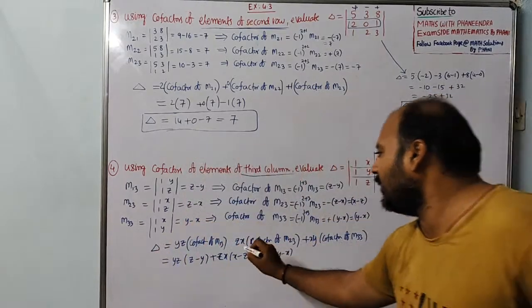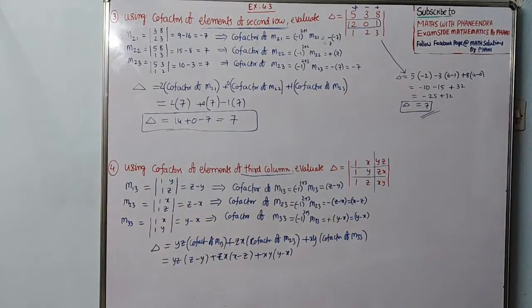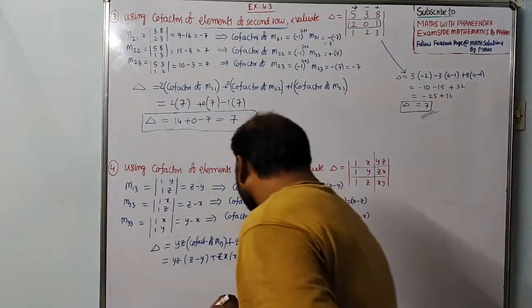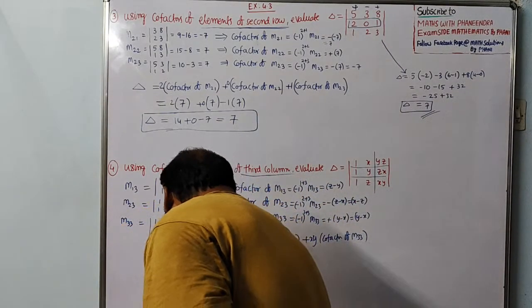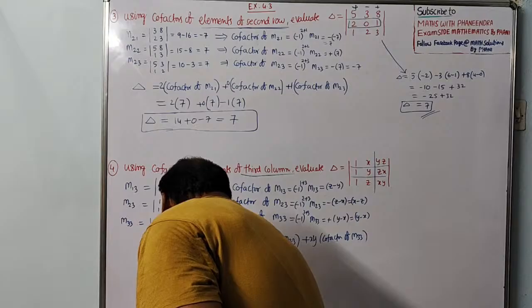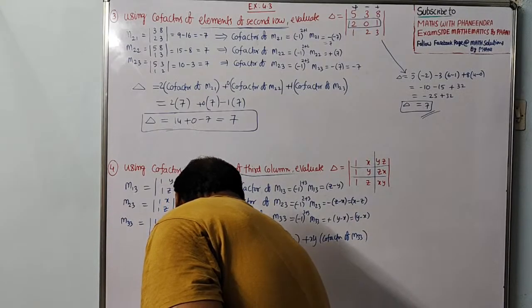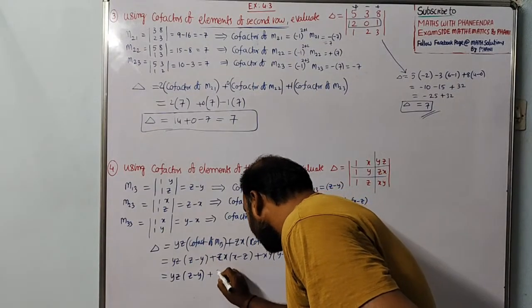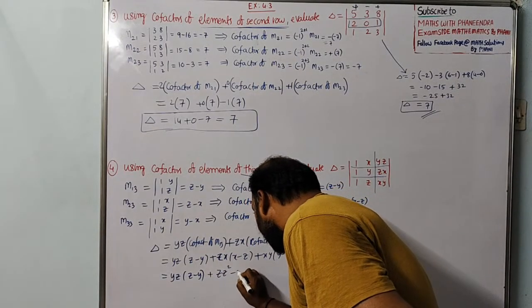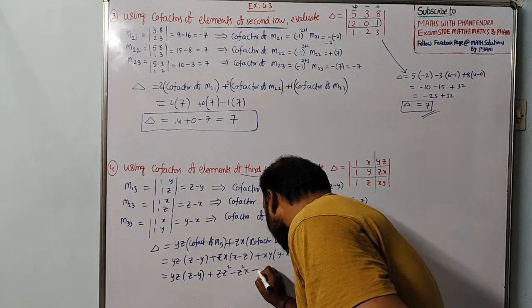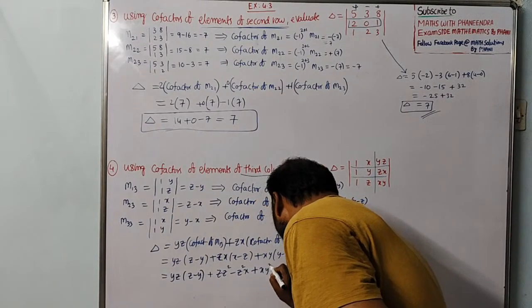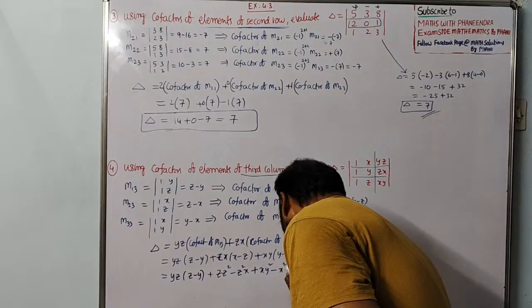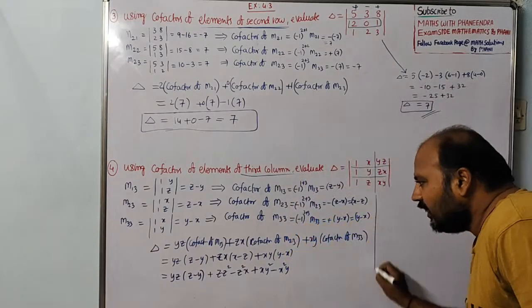We already multiplied here. Y minus yz minus z minus y plus zx square minus z square x plus xy square minus x square y. Slowly we can calculate, it is not easy.